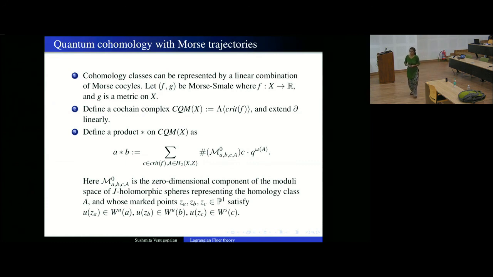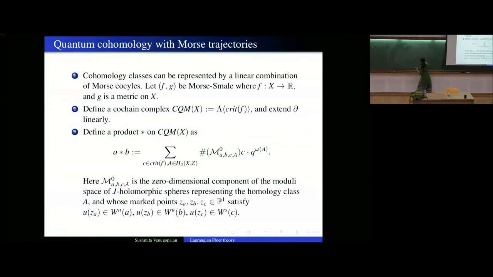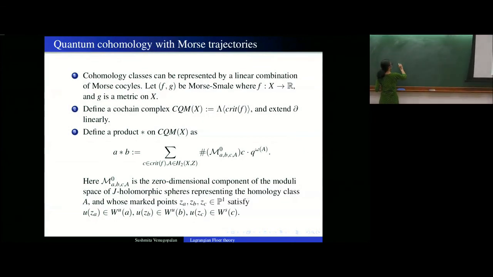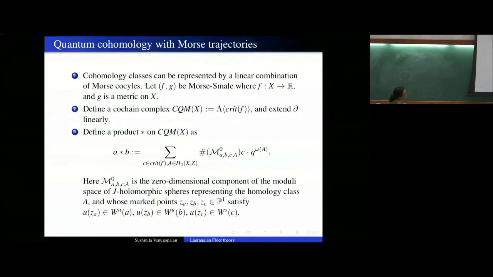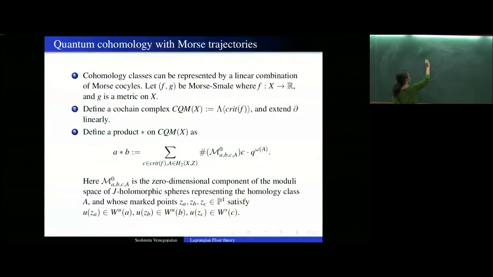For this, I need a picture. So these are the configurations I'm going to count. I have 2 inputs and 1 output. This is a sphere, so I have 3 marked points.